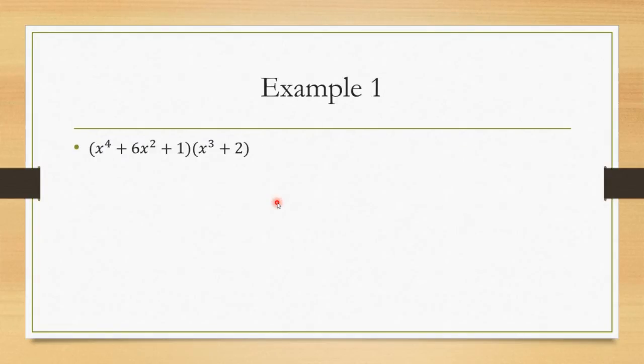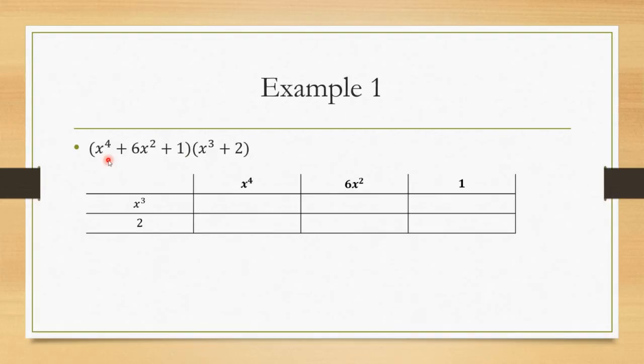So here's our first example. We're going to multiply these two polynomials together. What I'm going to do is this. For the first polynomial, each term gives me a column. Let me just bring out the grid.